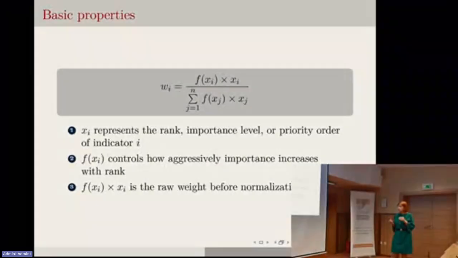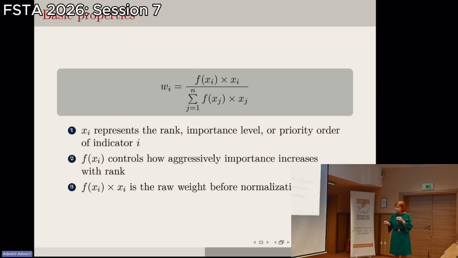It's very easy because, once more, I only remind you, you see without any problem this simple formula for weights. xi represents the rank, the importance level, for example, our numbers from 1 to 9. Also, if I assume some function, this function controls how aggressively importance increases with rank. And from our numerator, you see that this is the raw weight before normalization.